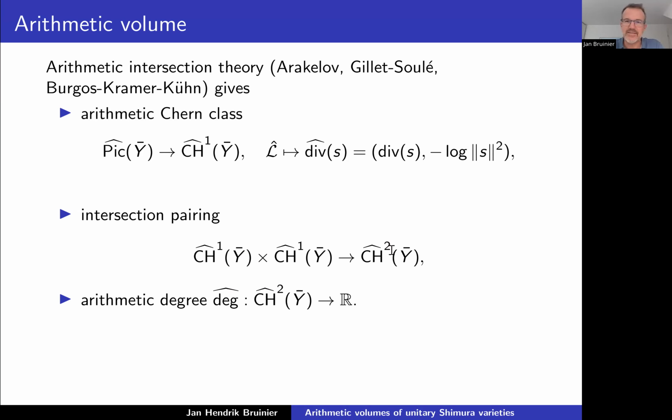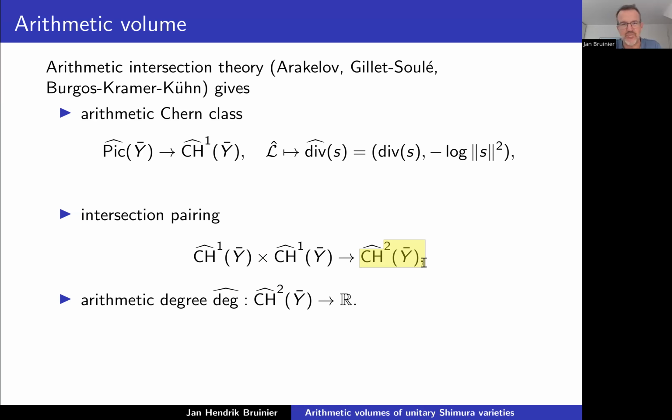And since Y has total dimension 2, this is the top degree arithmetic Chow group. And from the top degree arithmetic Chow group, there's an arithmetic degree map. So this goes to R.